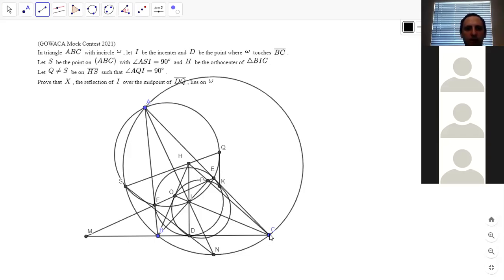Okay, so we can define K to be the intersection of those two circles. Then we'd have to show that QKID is a parallelogram. So could we show angle KDI is angle QIH, or KDH is QIH maybe?